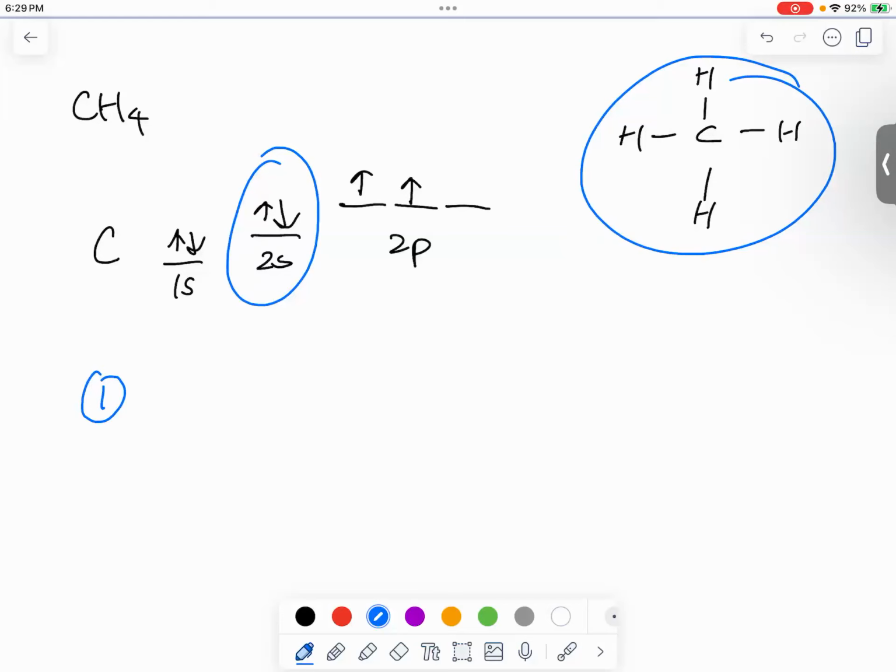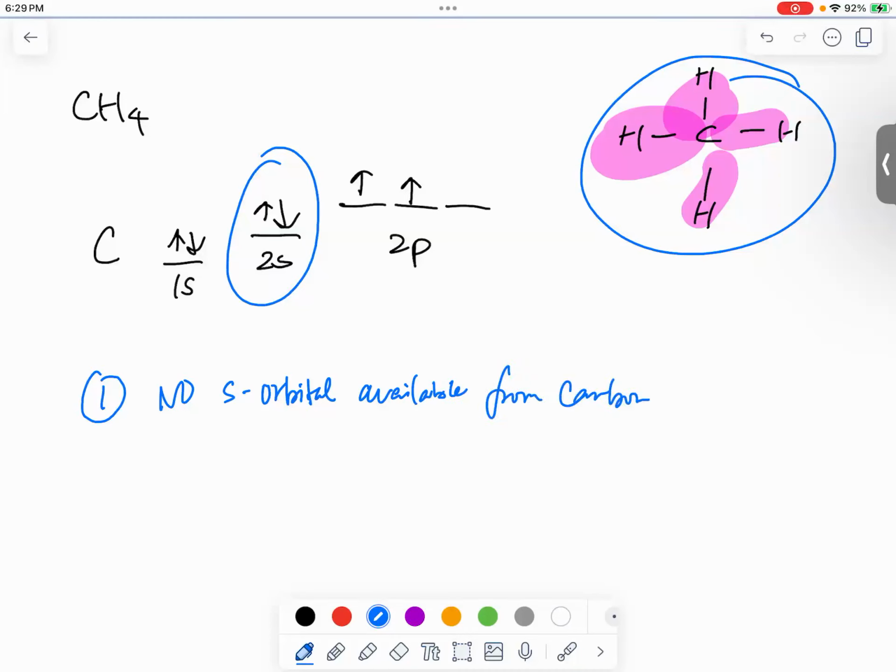Then how on earth do we have these 4 single carbon-hydrogen bonds? That is so weird. So no s orbital is available from carbon to overlap with hydrogen's s orbital.